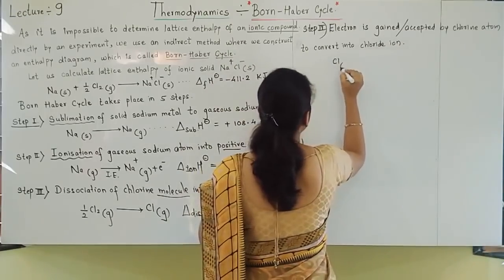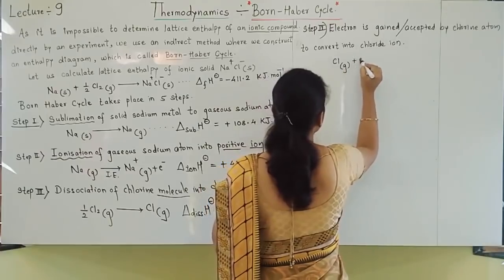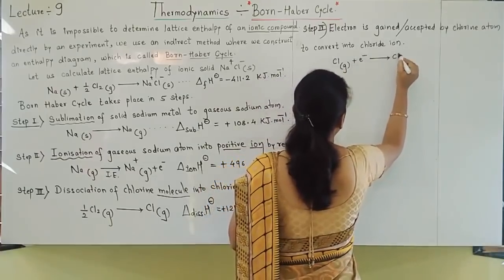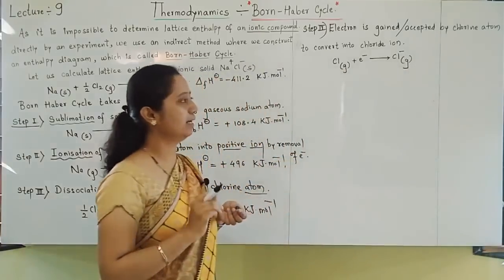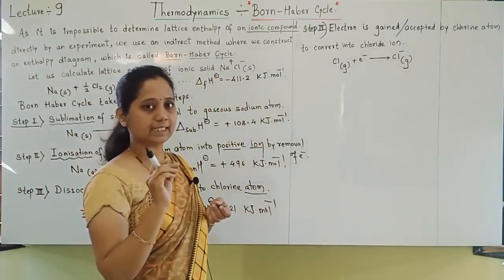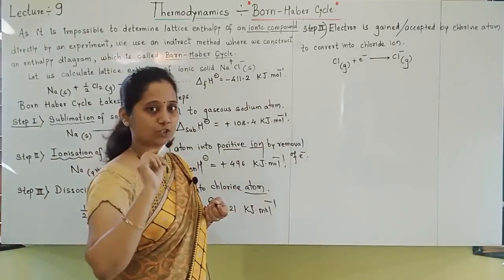Cl, chlorine gas is there, it will accept one electron. Accepting converts it into chloride ion. Okay, like this we will get negatively charged chloride.